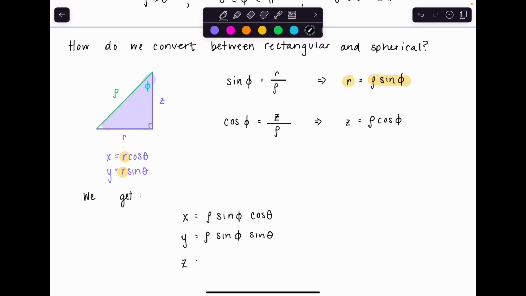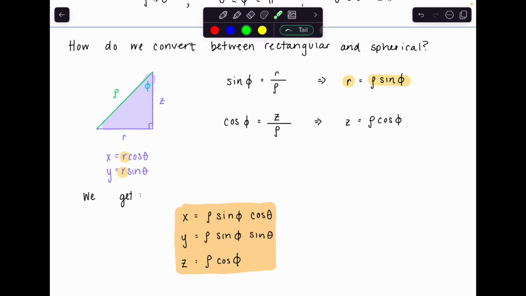And then just from our triangle, our z is given by rho cosine of phi. So these are the conversions that we're going to utilize to switch back and forth. So when I change something over to spherical, if I've got something on the inside of my triple integral, all my x's get replaced by rho sine of phi cosine of theta, y's get replaced by rho sine of phi sine of theta, and z will be replaced by rho cosine of phi.